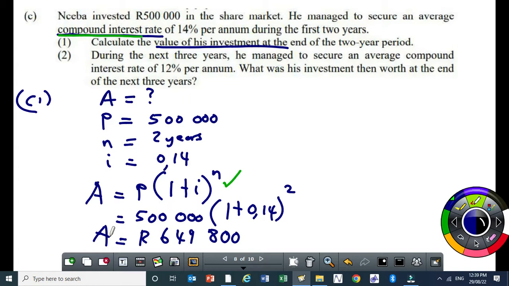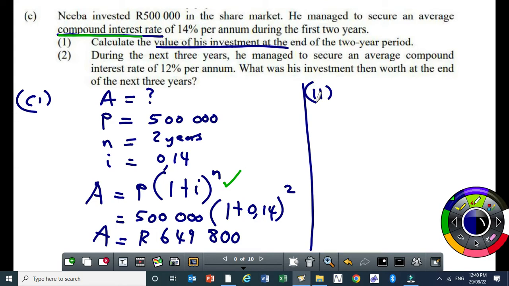Here, please be aware that the value of P, is it still 500,000? No, it's no longer 500,000. It's now the value of A at the end of the 2 years.